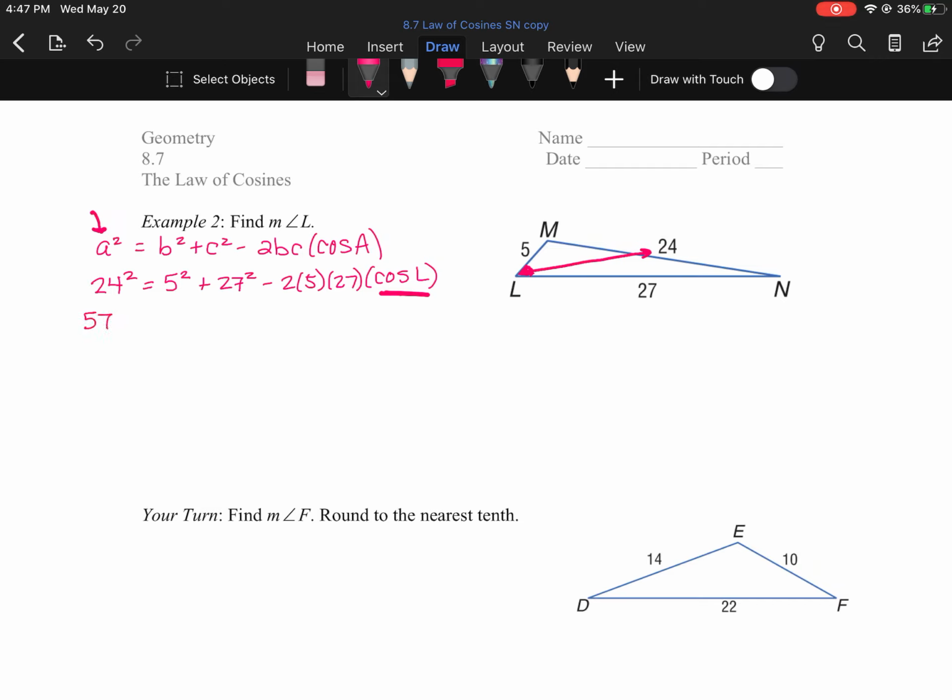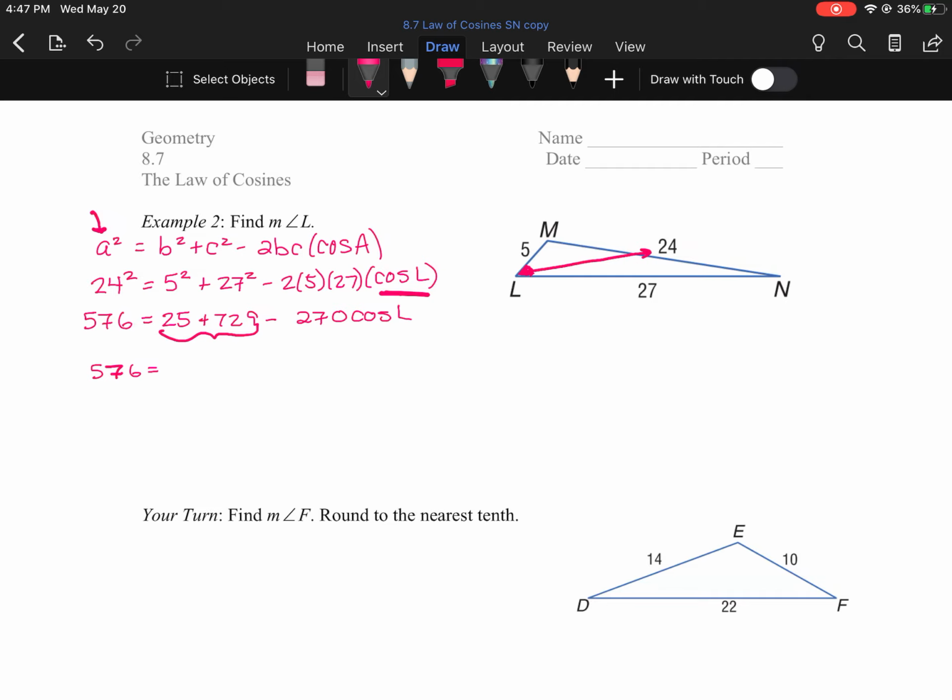24 squared is 576. We'll simplify what we know. 5 squared is 25. 27 squared is 729. I'm going to multiply 5 times 2 times 27, and we get 270 times the cosine of L. I can simplify those two things together.